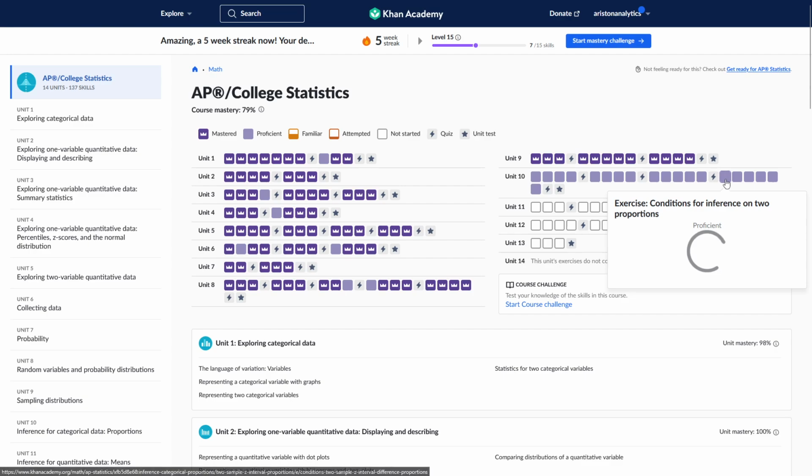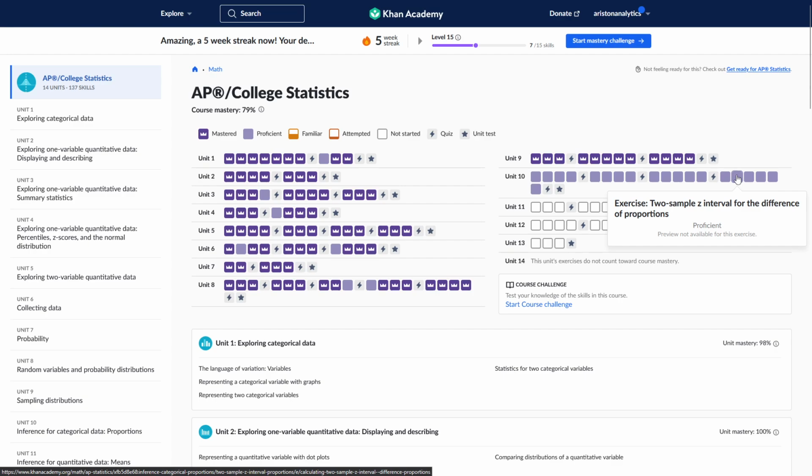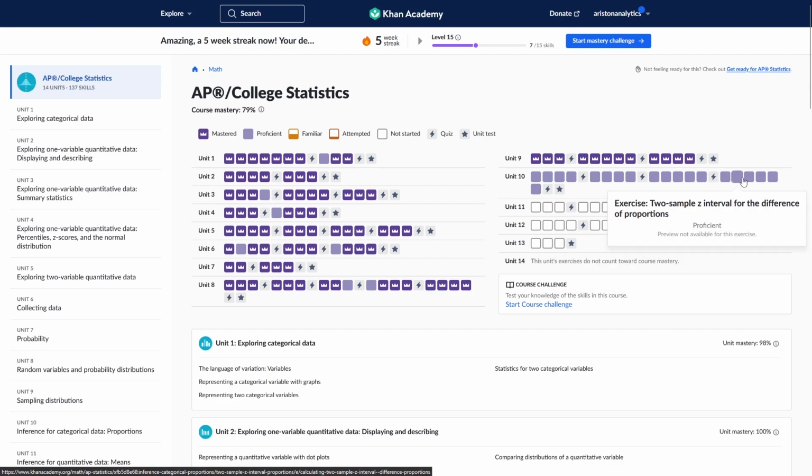We worked on the confidence for inference on two proportions. We did two sample z interval for the difference of proportions. Hypothesis testing for the difference of proportions. Test statistic in two sample z test for, again, difference of proportions. So difference of proportions was the main thing we've worked on.